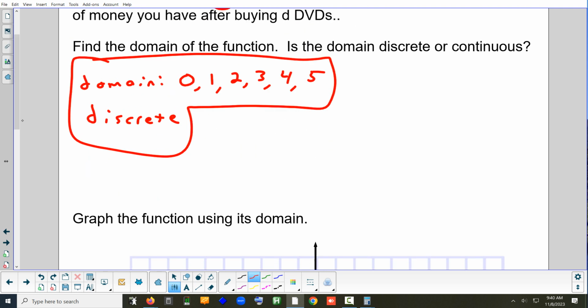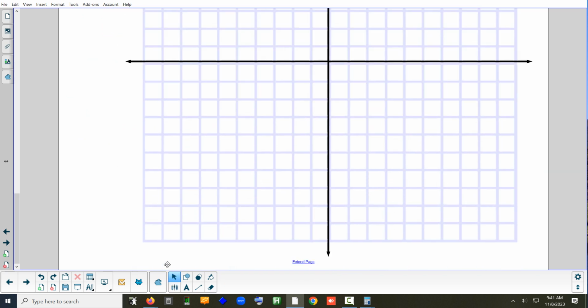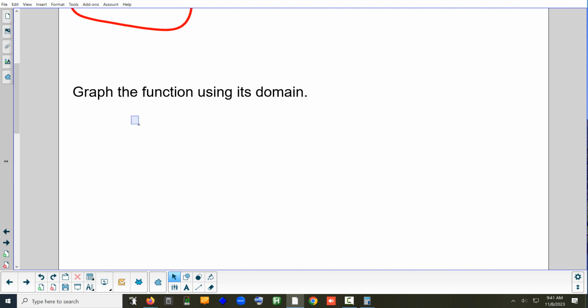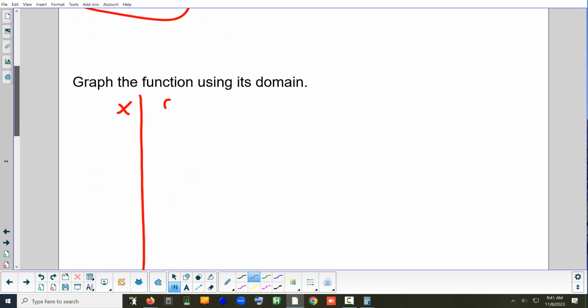Now let's make a table. All right, so what I'm going to do, just move this down again. Okay, so the first column is X. Next column is the formula. M equals 50 minus 9D.